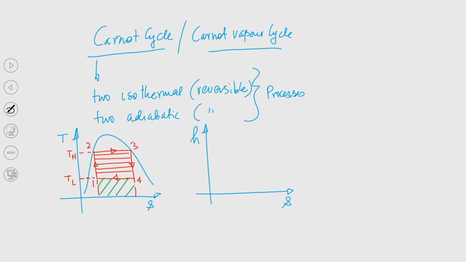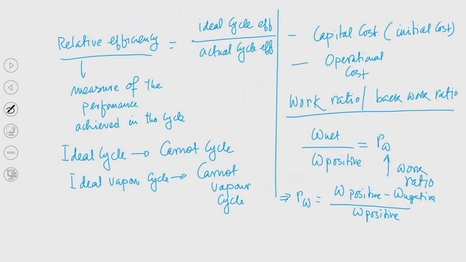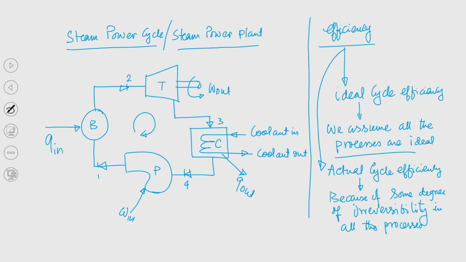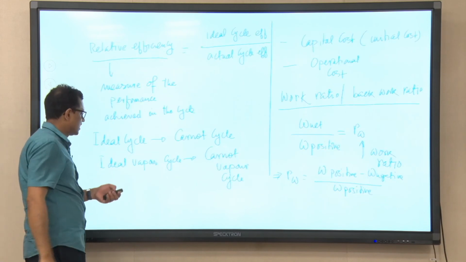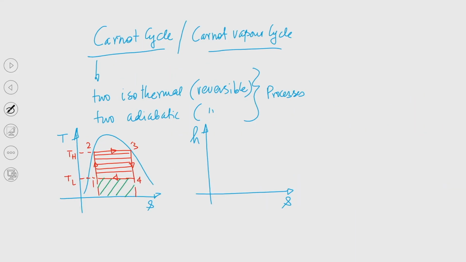So now if we consider this TS diagram, the process 1 to 2, we can see that this is constant pressure. So, now you understand this is constant pressure boiling. Pressure is remaining constant, but temperature increases from T1 to T2, and this is an isentropic process, that is reversible.